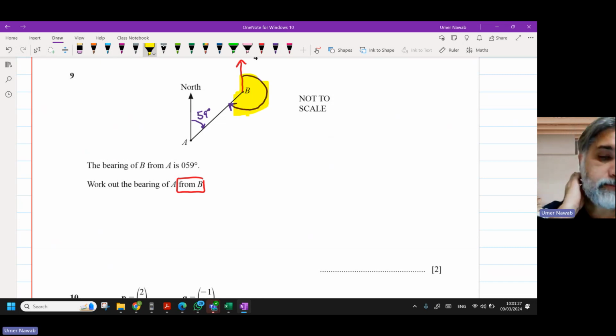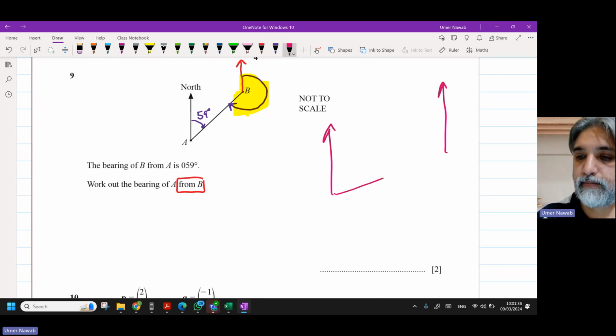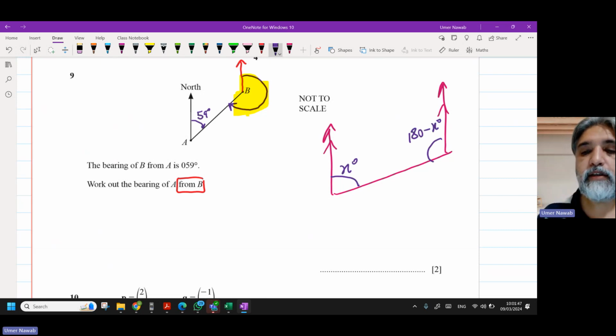How much is this angle? You can get this angle by using the concept of parallel lines. You remember, if we have two parallel lines, these two angles are supplementary. If this is x, this is 180 minus x. This is called the U concept of parallel lines.